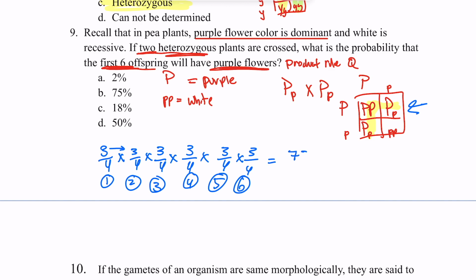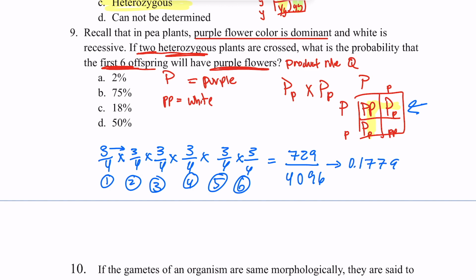And then 4 to the 6th power, 4 times 4 times 4, etc., we get 4,096, which in decimal form is 0.1779.